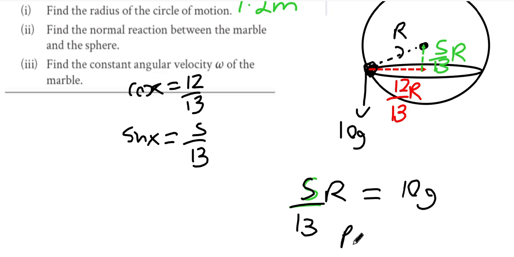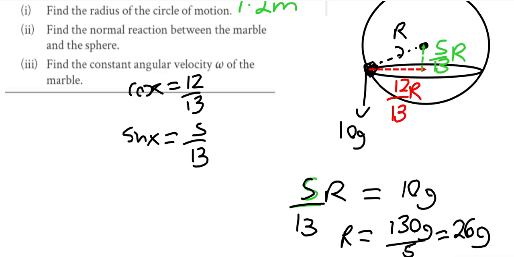We got an R value of 130g over 5. What is 130g over 5? 130 multiplied by 9.8 divided by 5. Is it 26? Oh, sorry, 26g. Yeah, we'll take that. Grand.